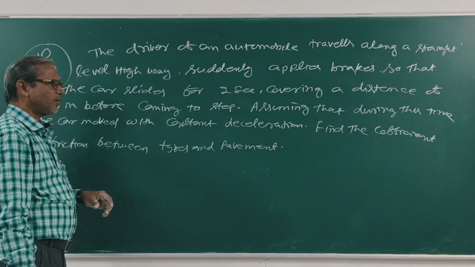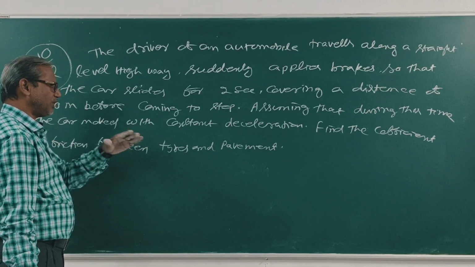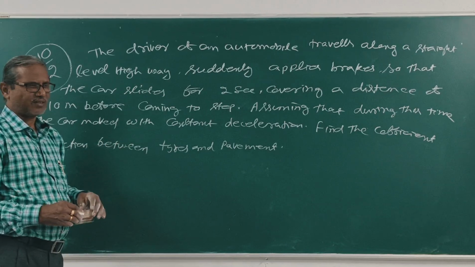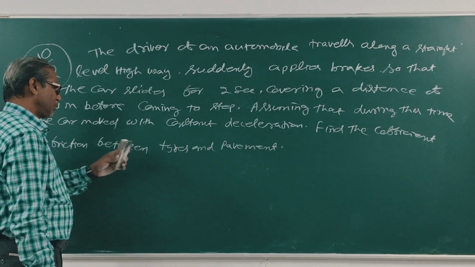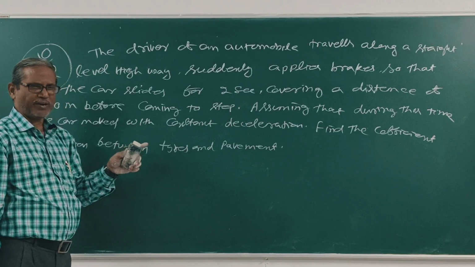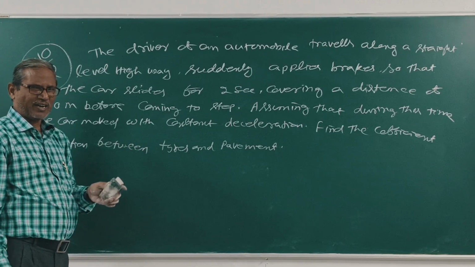Assume that during this time the car moved with constant deceleration. Find the coefficient of friction between the tire and the pavement, meaning between the tire and the road surface.